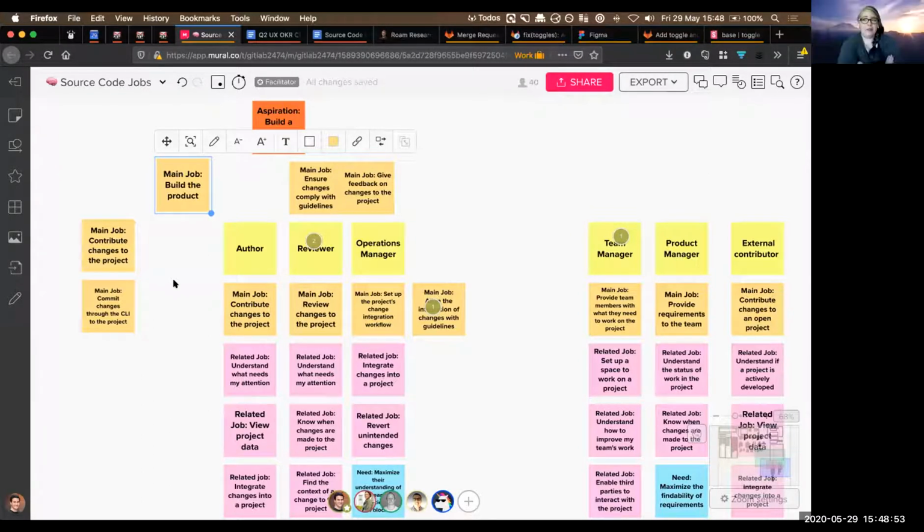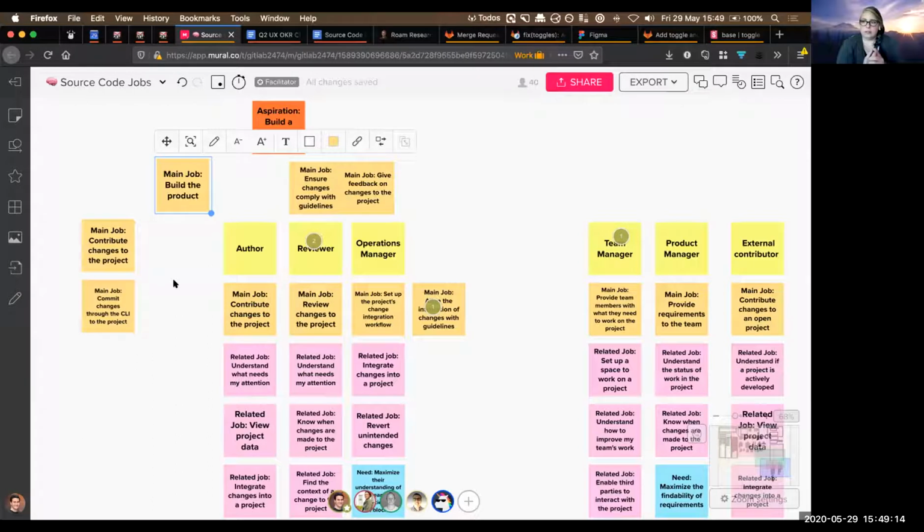Yes. And so I was going to say jobs are persona agnostic. They are never an author wants to build the job or build the project. It is I need to build the product. The I doesn't attach to anybody other than it's like the royal we.